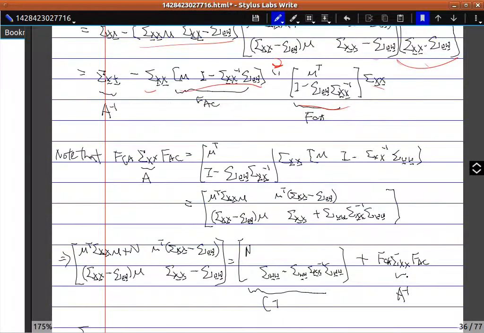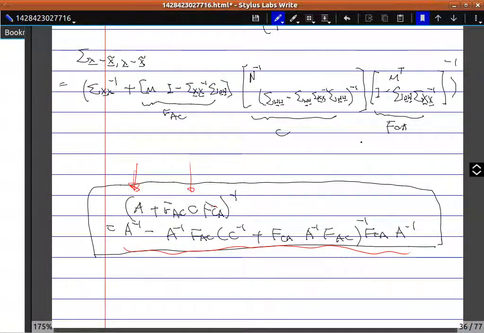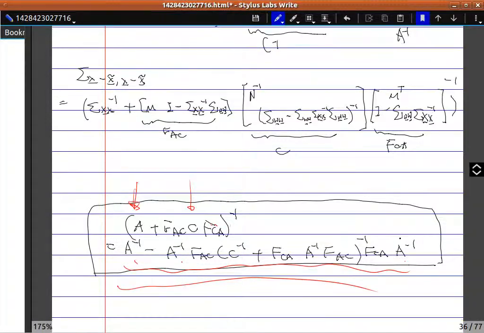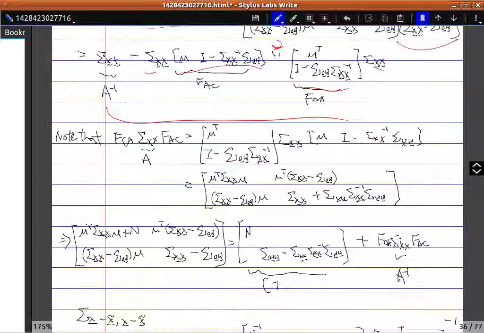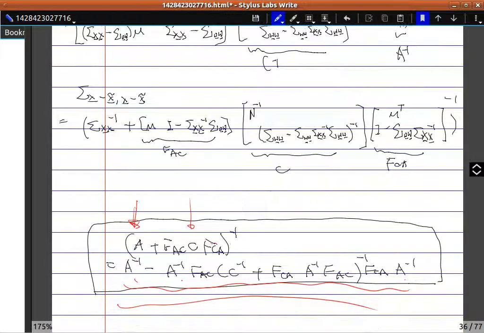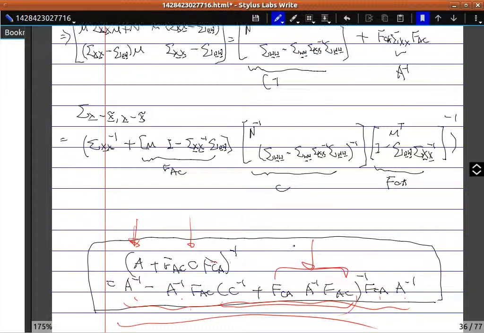What's interesting is that this term has a pretty similar form to this one. You have an A inverse here, here, and here, and my A inverse in this case is sigma xx, right? But the one in the center had better have a form similar to this. So let's compute this and see what it is.